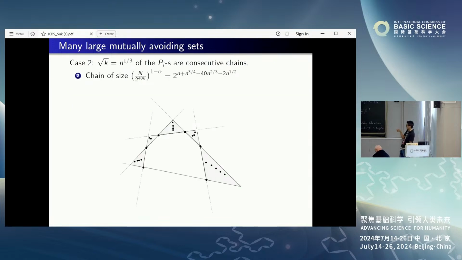So these are my consecutive triangles. And to the one.